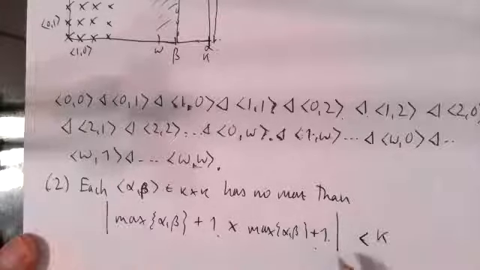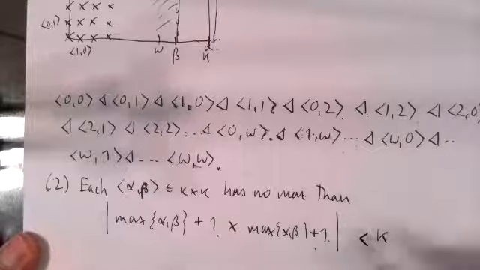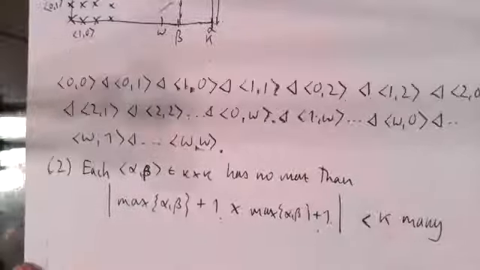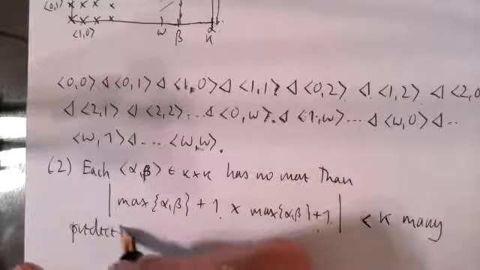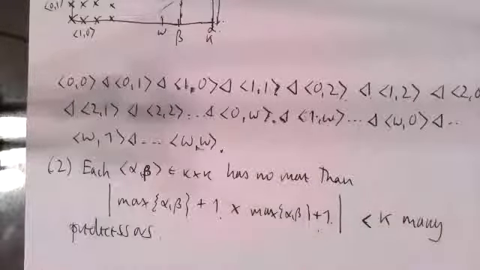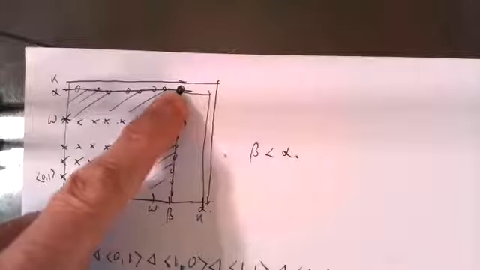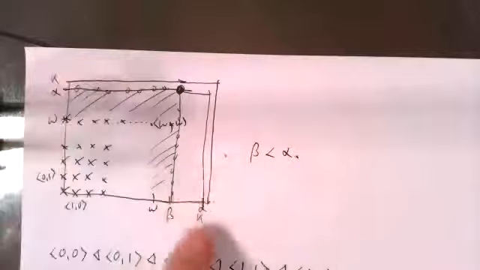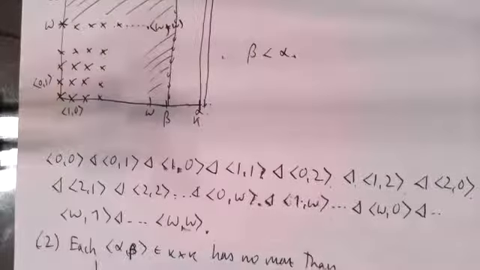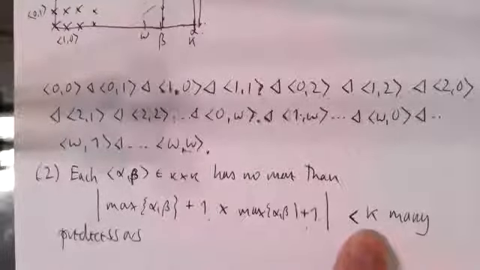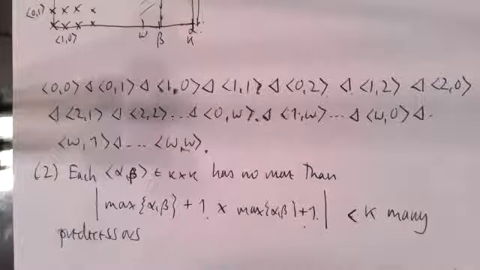So it has no more than that many predecessors. So the way I've drawn it shows alpha, beta doesn't have any more predecessors than what's in the alpha, alpha box here. 2 is saying that is less than kappa.